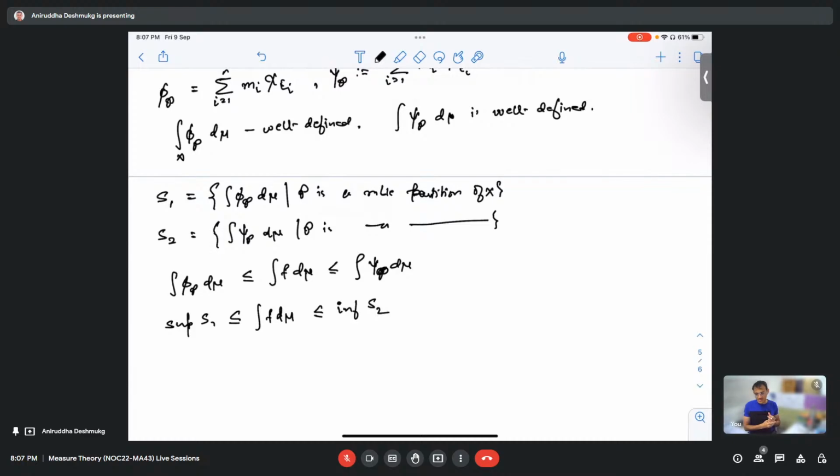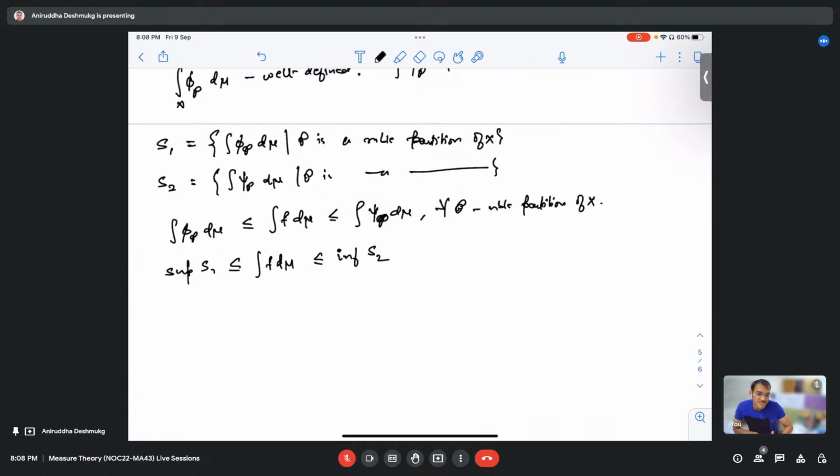The supremum of S1 cannot exceed the integral of f, because for every P we have this inequality. Similarly, the infimum cannot be less than the integral of f. So now the natural question to ask is whether they are equal.